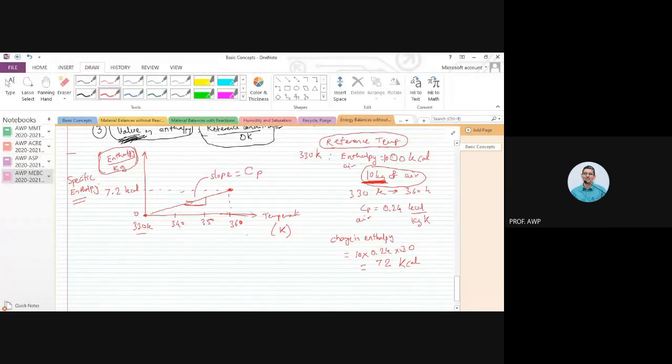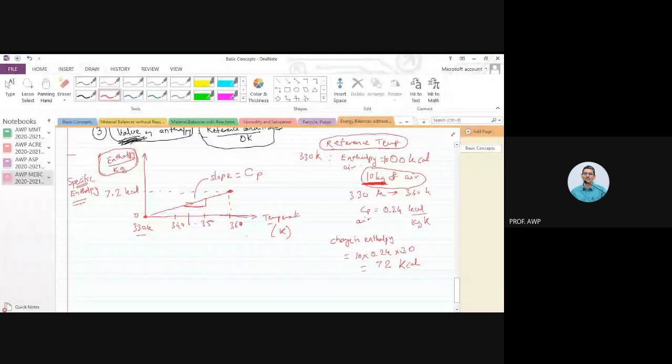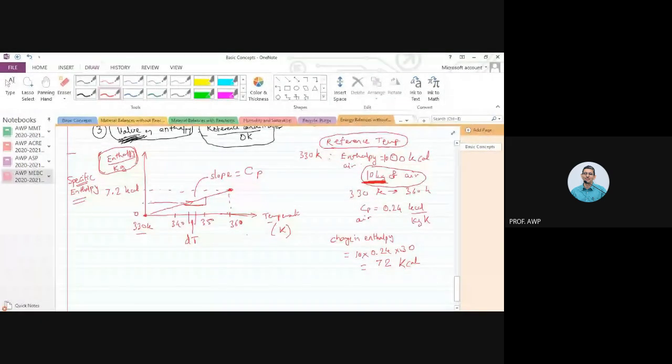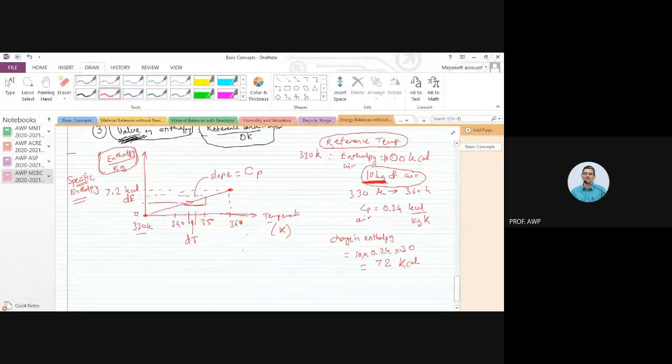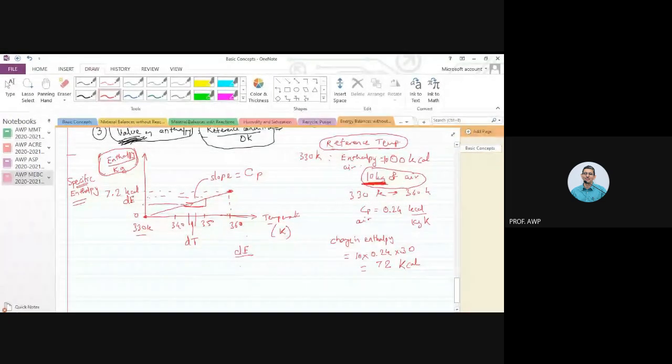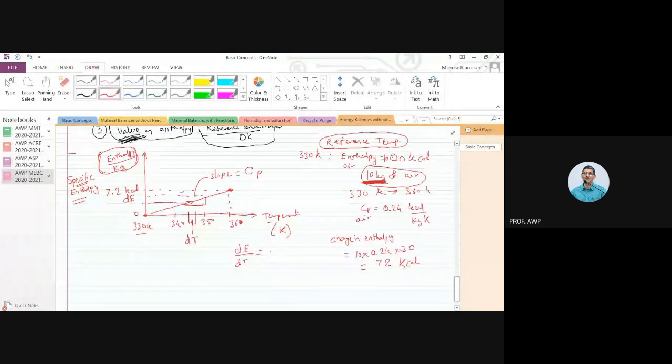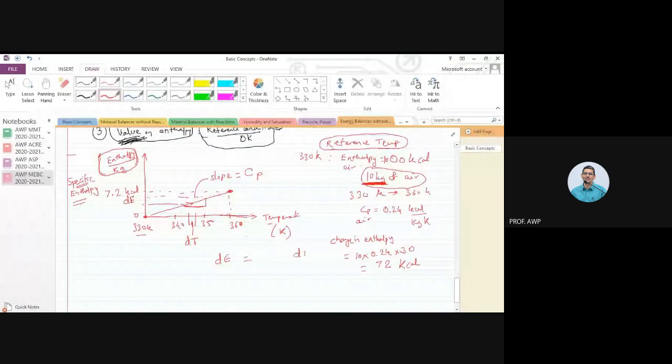So that means if I write specific enthalpy versus temperature, and I have a change in temperature dT and a change of specific enthalpy, say dE, if you like, then dE by dT is... how do you relate dE and dT?